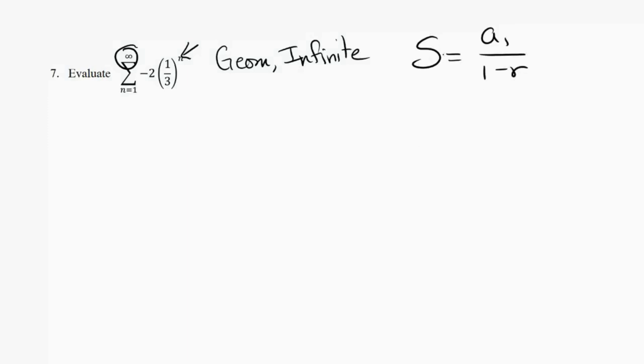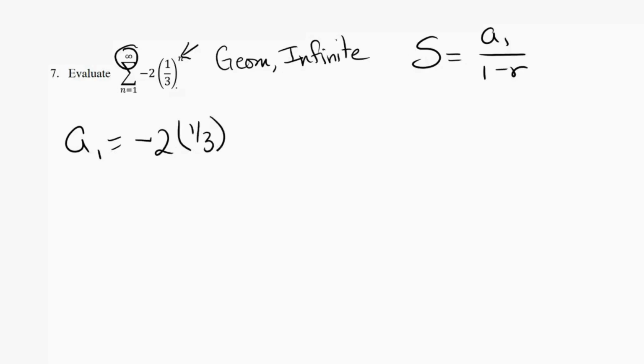Now, again, we have a very big stipulation with infinite sums that the absolute value of r has to be less than 1. Well, what I could do, I still need a sub 1, so is it negative 2? Well, let's see. Again, I always tell my students, let's plug it in. Just be very careful with this.